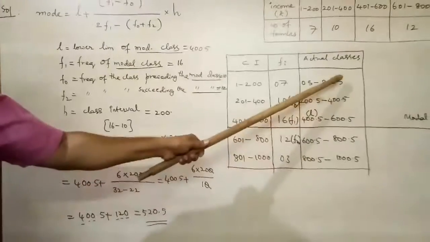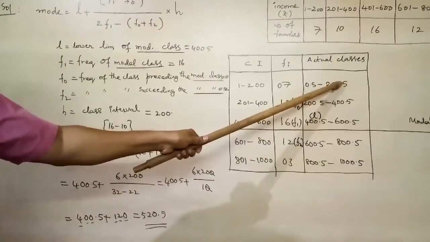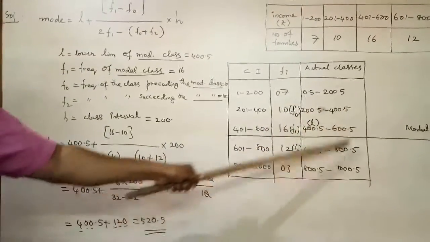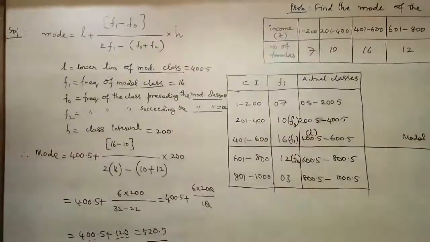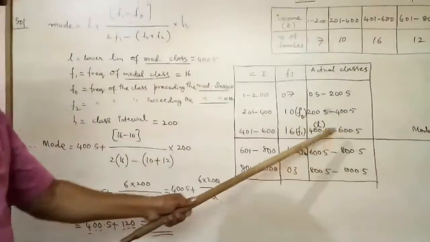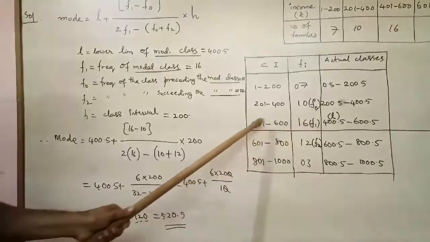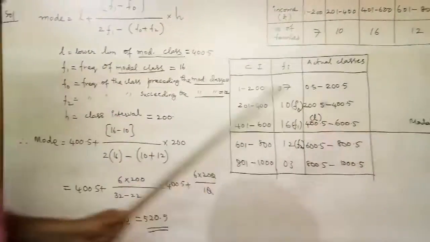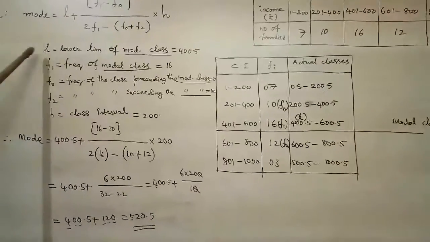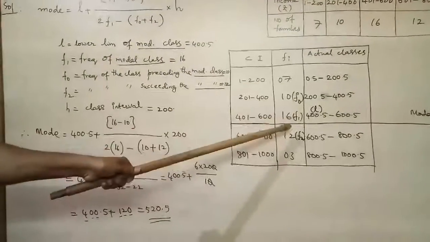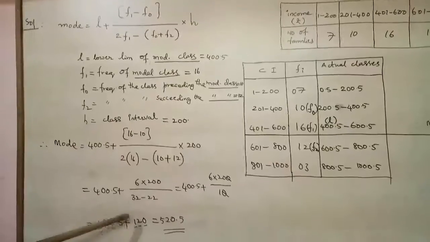Then find the highest frequency; that class is known as the model class. After knowing the model class we can find L, F1, F0, F2. Then substitute and simplify, and you will get the answer.